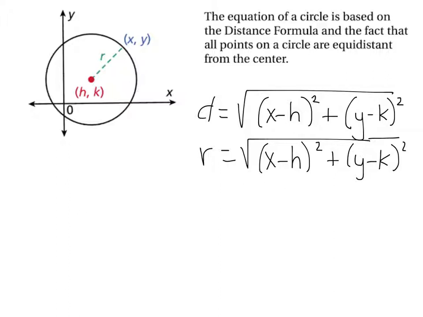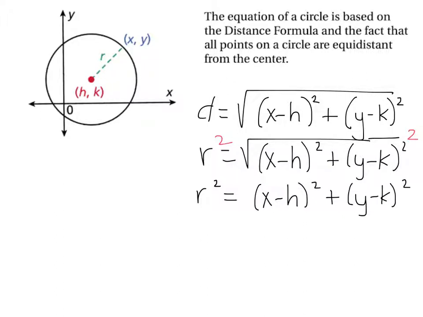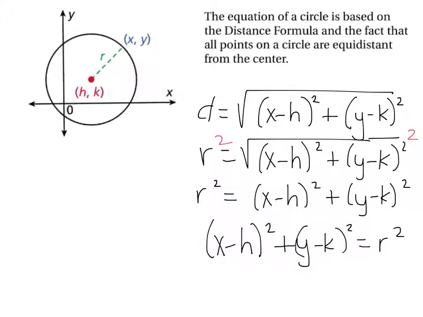So I'm going to square both sides. We're going back to algebra. So this becomes r squared equals x minus h squared plus y minus k squared. I'm going to flip it around, and the formula is this. X minus h squared plus y minus k squared equals r squared.